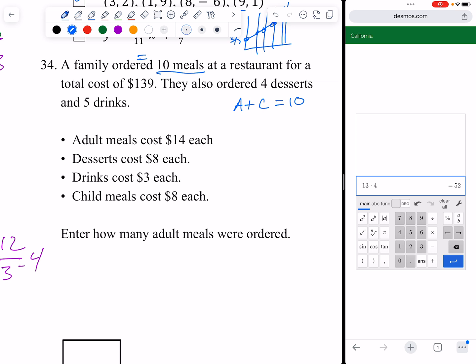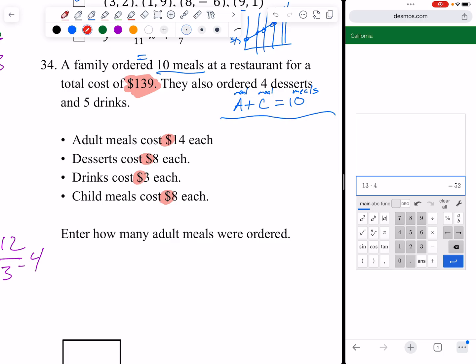Now where it gets different is now you're talking about money. And all of these have money prices attached to it, right? So these are one equation on their own, okay? Whereas A plus C had to do with adult meal, child meal for 10 meals, okay?